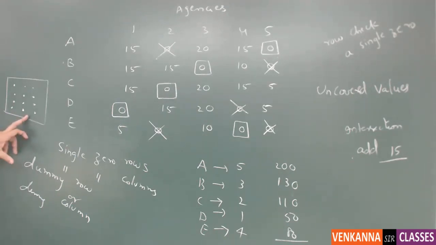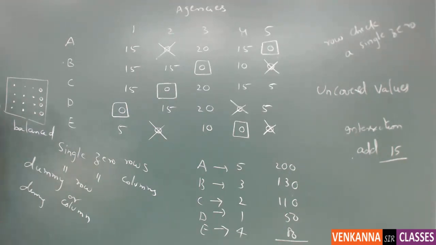If the matrix is given like this, a dummy column, so I will put zeros here. Now the problem has become a balanced assignment problem because we have obtained a square matrix by introducing the dummy row or dummy column as per the problem considered.